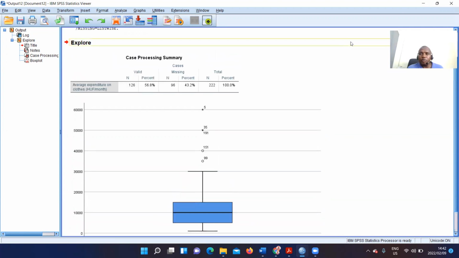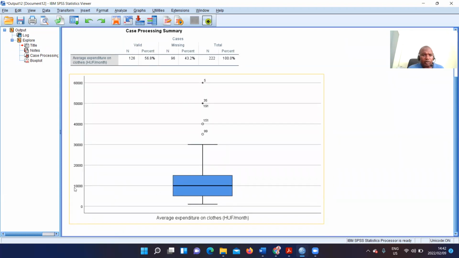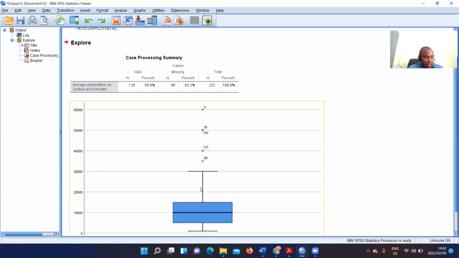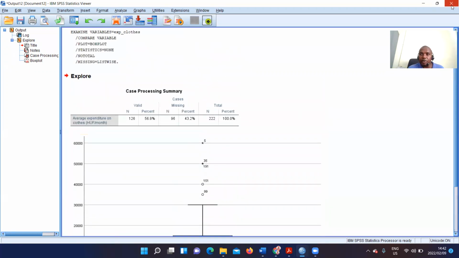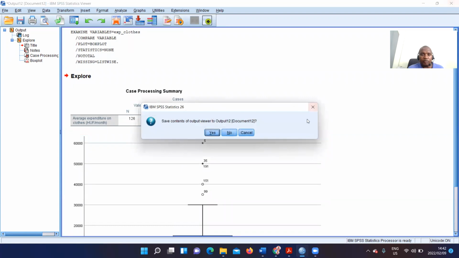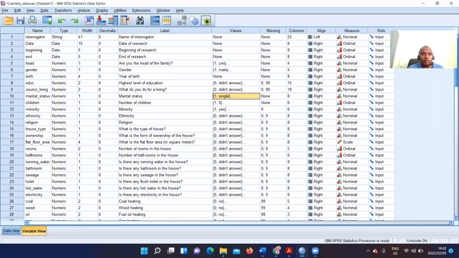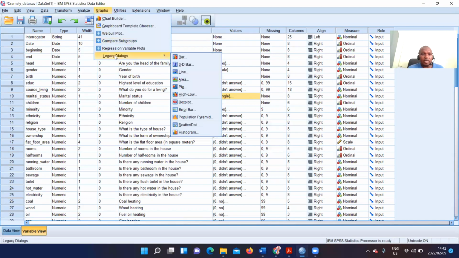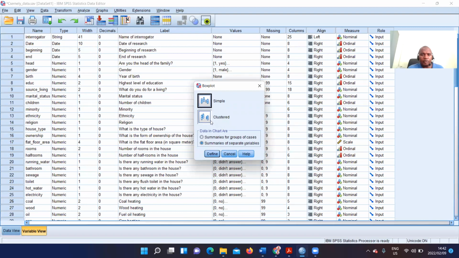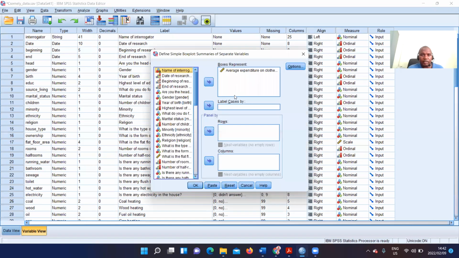How about the box plot of total expenditure? Just total expenditure on everything. It's graphs, legacy dialogues, and then box plot. Simple, and then we summarize. Summaries of separate variables we define.